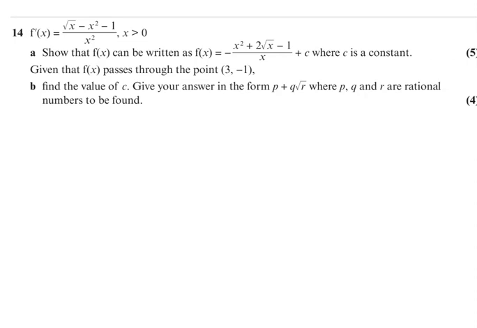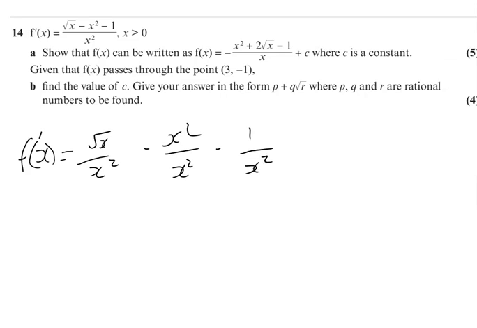Fine. So the key thing here is that I'm not going to be integrating this fraction. In second year, you learn how to deal with some things like this. But in this case, because it's just a single term as the denominator and all the variables match, we'll just split it up. It's going to be the easiest thing, just like a polynomial. So f dash of x is going to be root x over x squared minus x squared over x squared minus 1 over x squared.